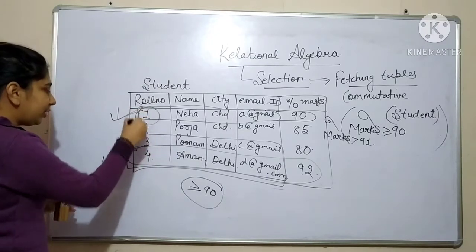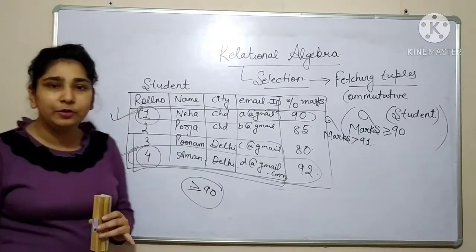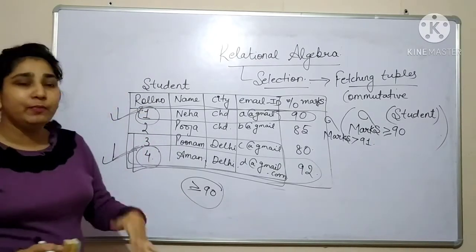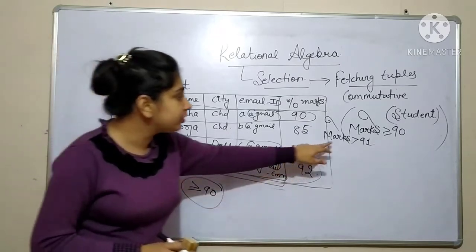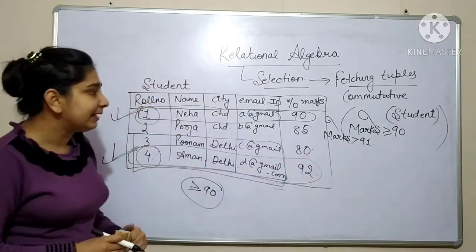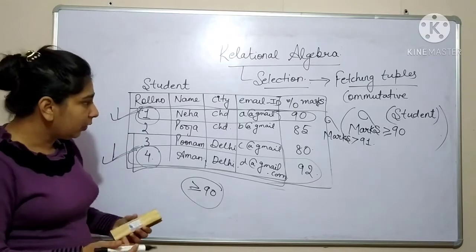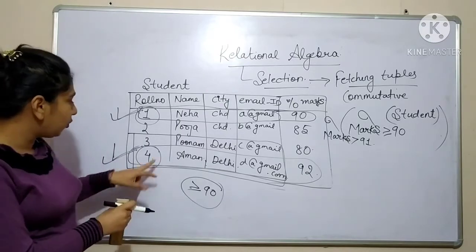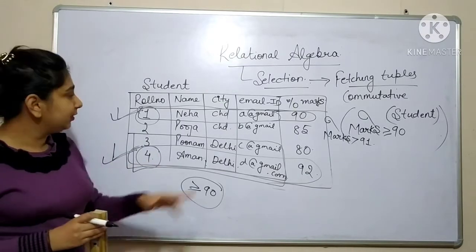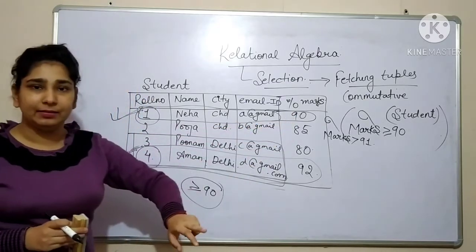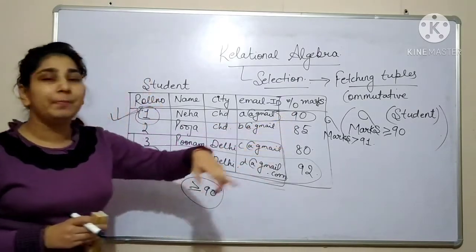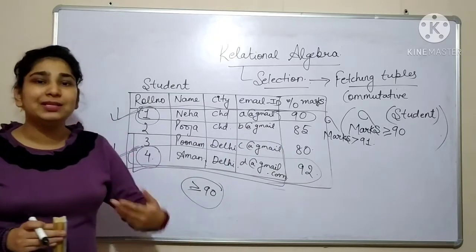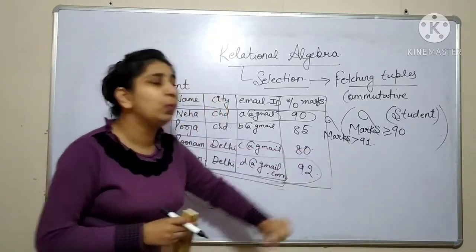Out of roll number 1 and roll number 4, roll number 1's marks is 90, which is less than 91.